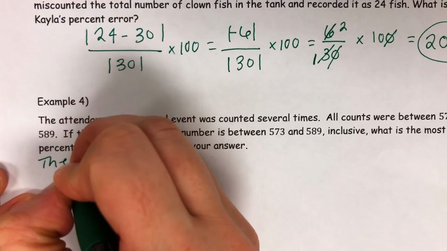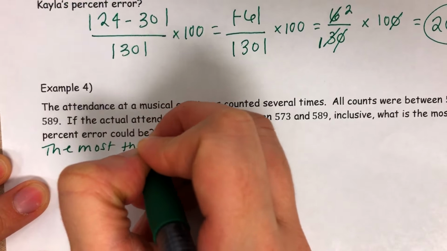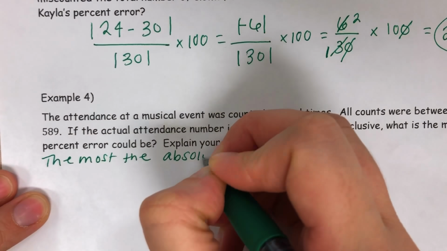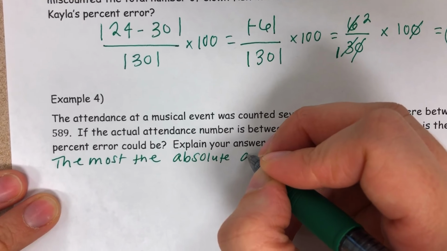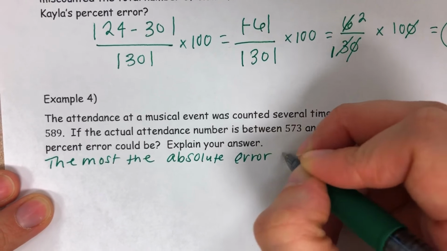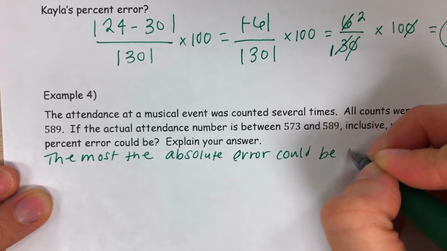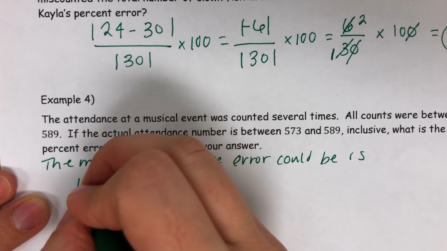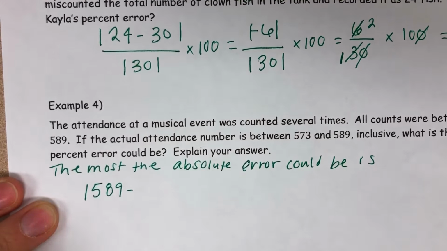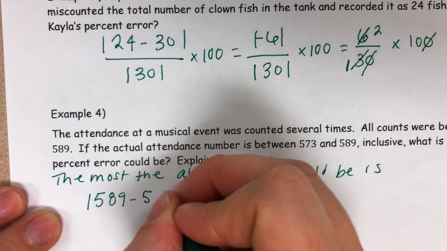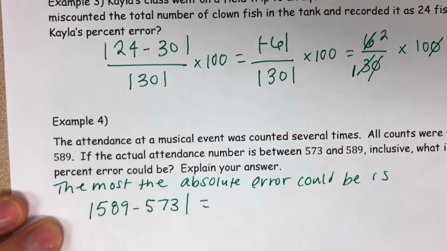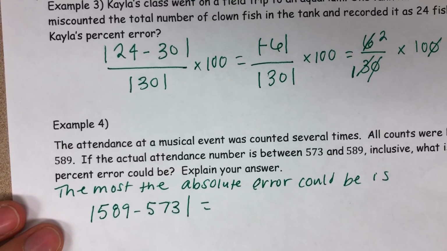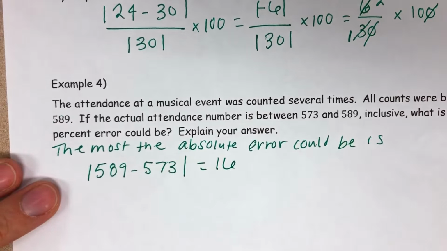So the most the absolute error could be is the absolute value of 589 minus 573. Well, that's just 16, and the absolute value of 16 is 16.